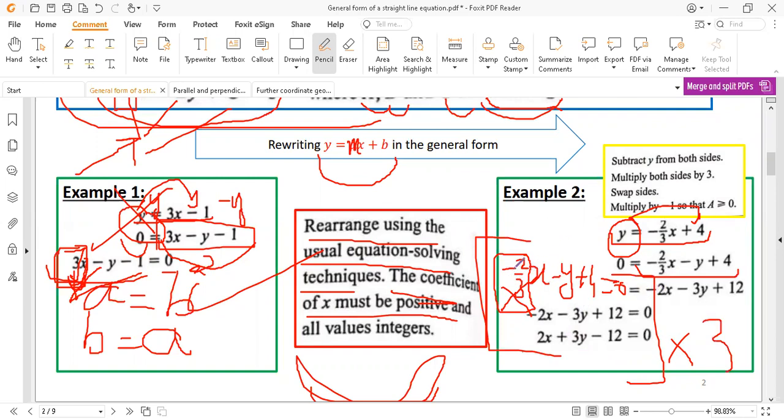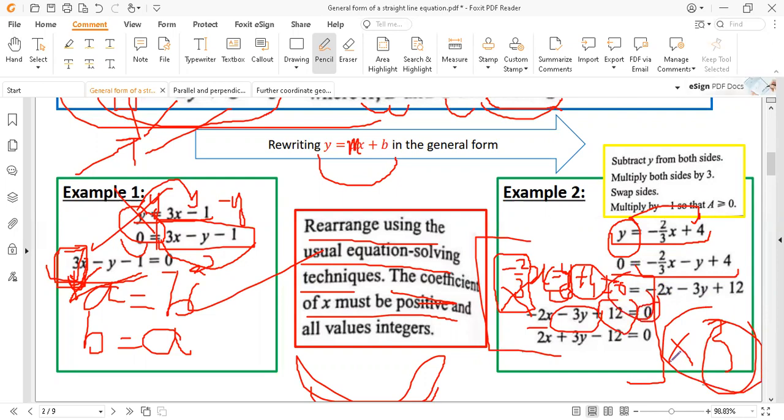So -2/3 by 3 is -2x after simplification, -y by 3, like in the way that we multiply the coefficient, -1 by 3 is -3y, plus 4 by 3 is 12, and also 0 by 3 equals 0, because multiplying by 0 will always obtain a 0.